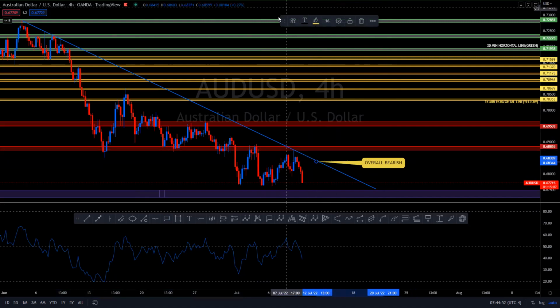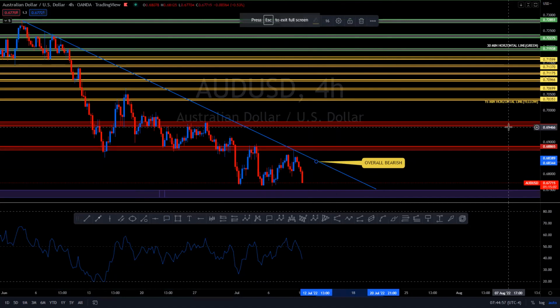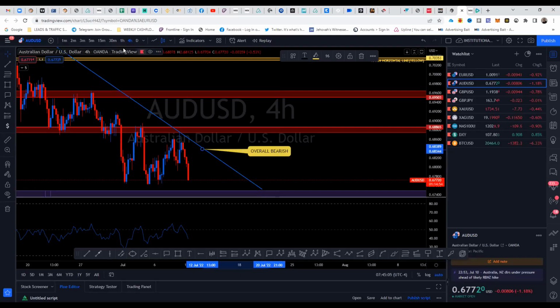Now, next thing we're going to do is we're going to now see if the 1 hour and the 30-minute time frame is still bearish as well, to make sure that we are following the trend on those time frames.